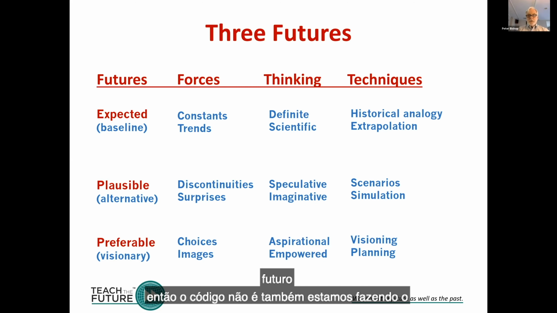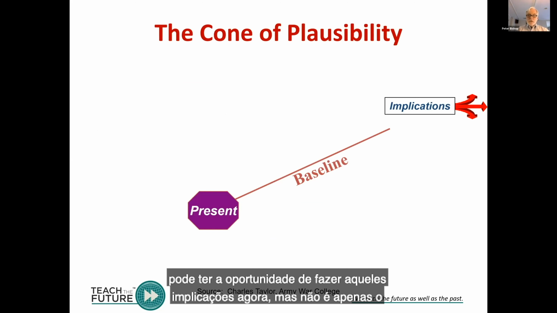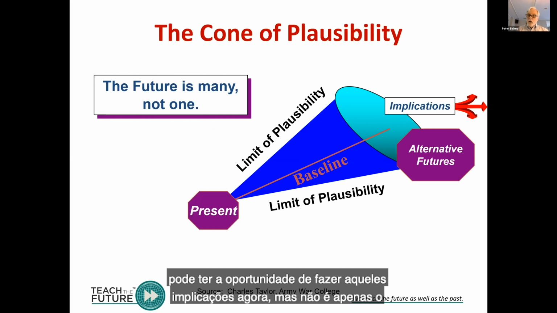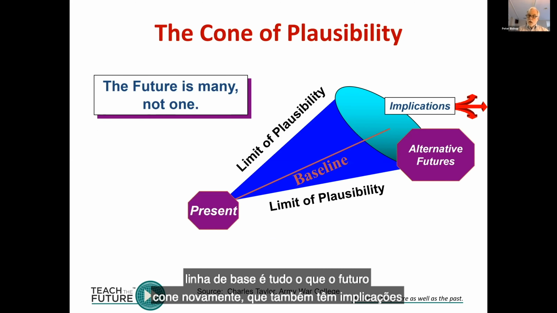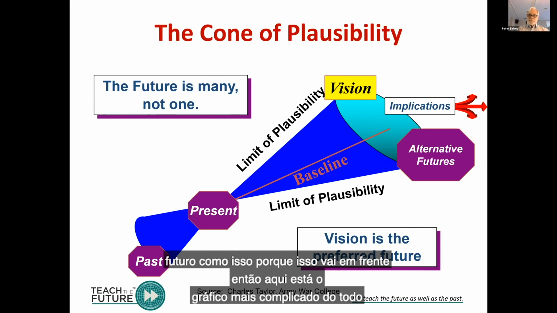So the cone is also, we're doing, the first thing we're going to do is the baseline, and that has implications. We may have the opportunity to do those implications now. But it's not just the baseline, it's all of the futures, the cone again, which also have implications. And then finally, one piece of that is the visionary future or the preferred future as that goes forward.